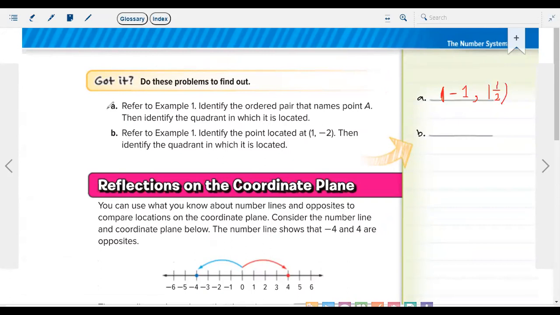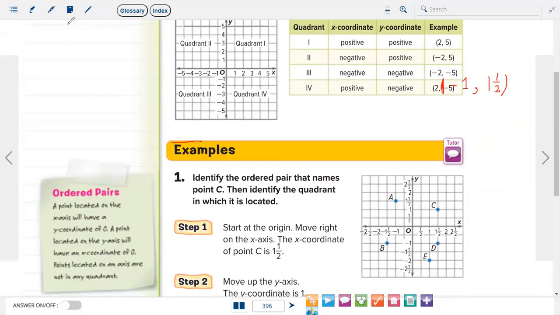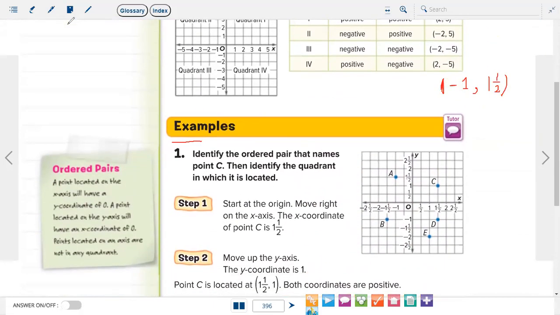Now, refer to example 1. Identify the point located at 1 and negative 2. Then identify the quadrant. Does it exist in quadrant I, II, III, or IV? So we need the point located at 1 and negative 2. Let's see. 1 and negative 2 means 1 on the x, negative 2 on the y. Yes, it's E. See?